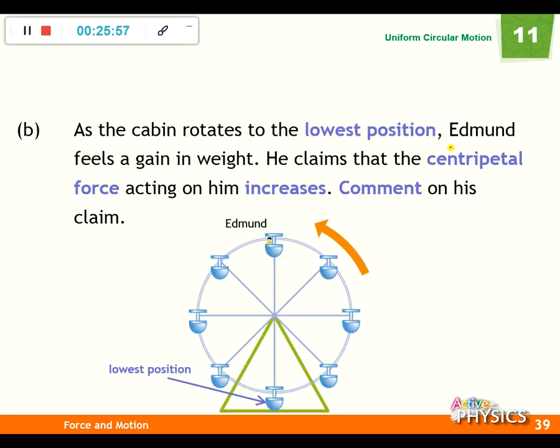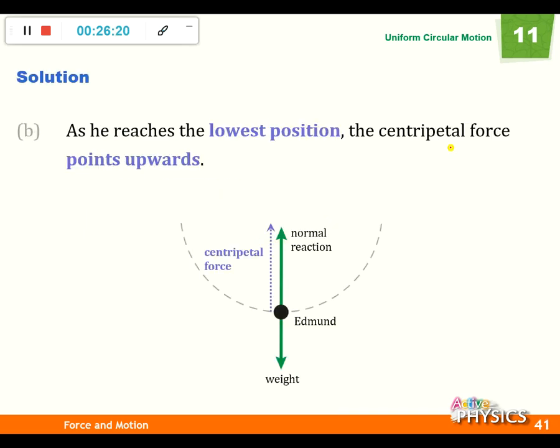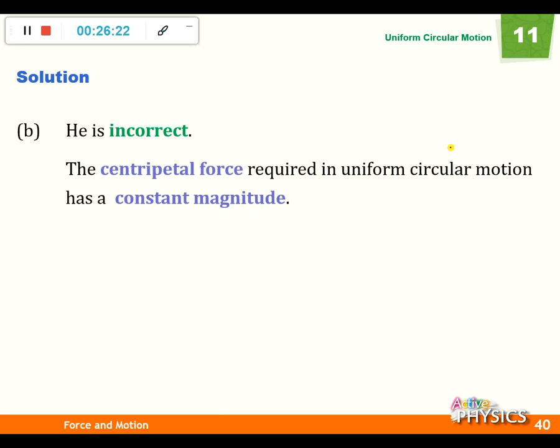So look at this. The cabinet rotates, and at the lowest position he feels a gain in weight, feels heavier. And he claims that the centripetal force acting on him increases. Is it true? Draw the free-body diagram. The answer is incorrect.